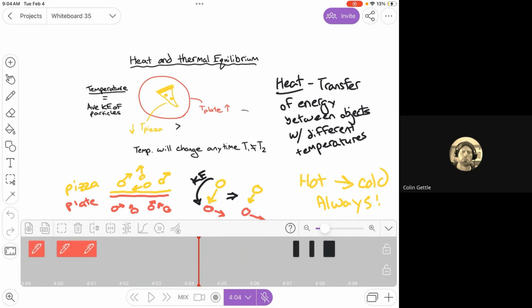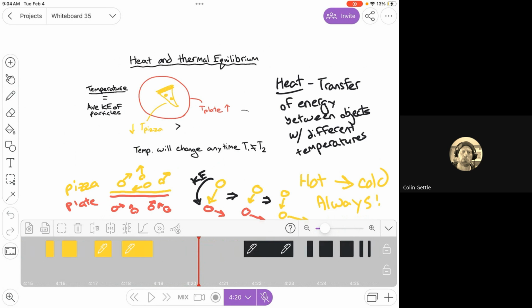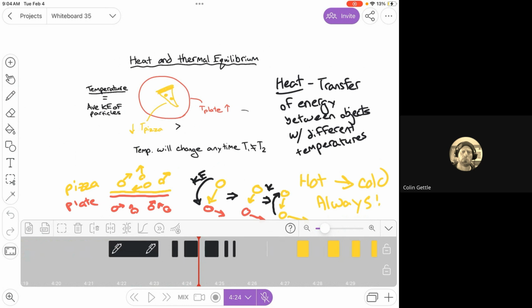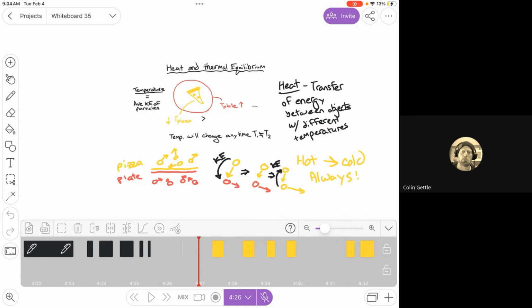That particle in the pizza is going to hit other particles in the pizza further back and transfer energy from that hotter particle to the cooler one, and kinetic energy will transfer. This will just keep happening.